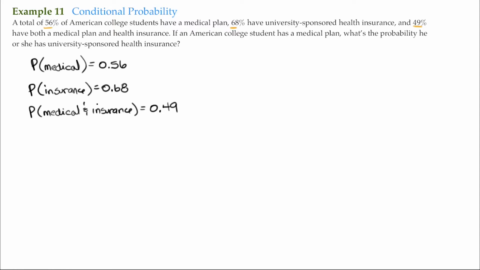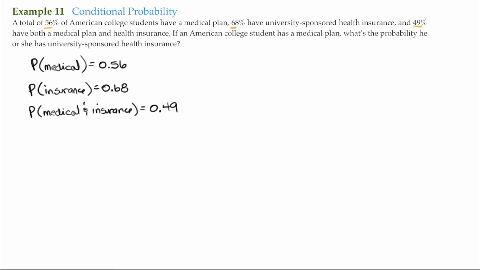So now the question is, if an American college student has a medical plan, what's the probability he or she has university-sponsored health insurance? So there's a condition that's been set. Imagine if you had a friend that says, I will take you to the store if you pay for gas. So the condition is that they'll take you to the store, but only if you pay for gas.